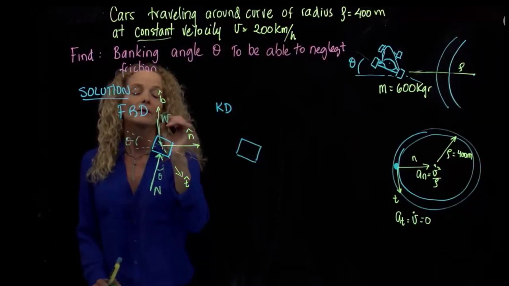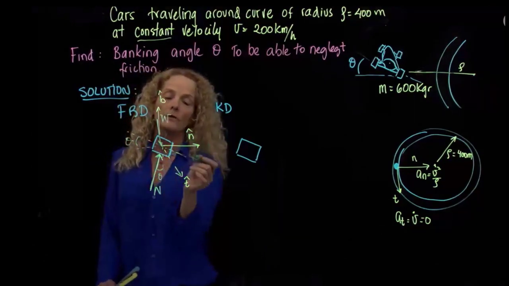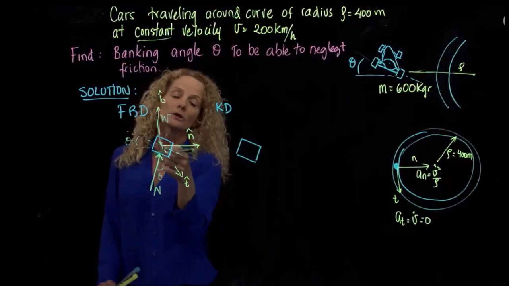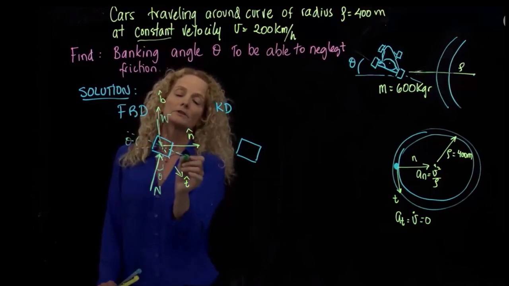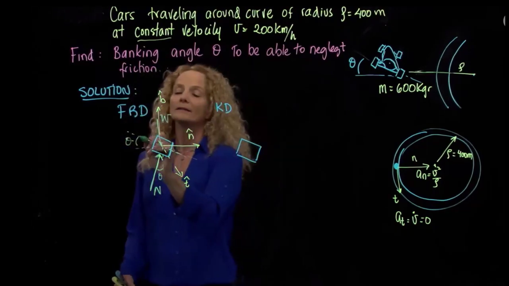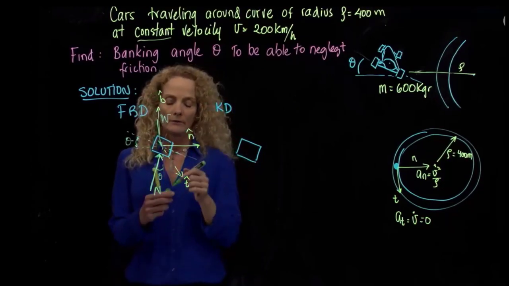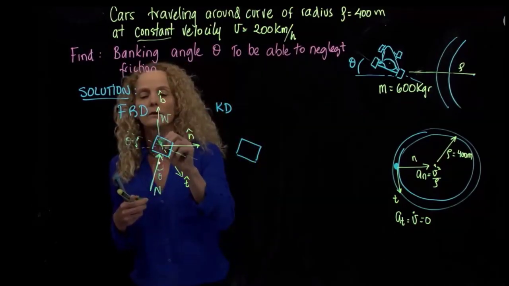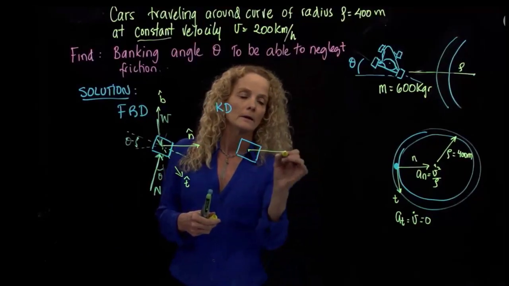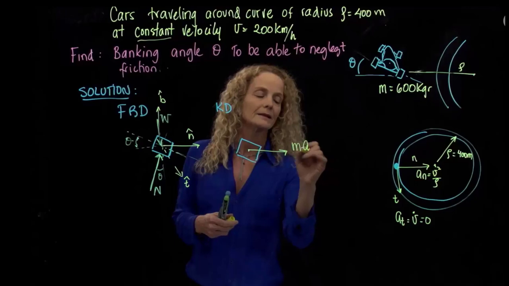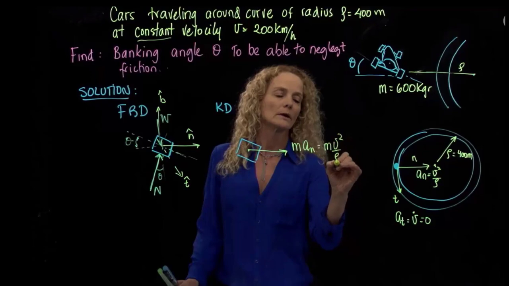Usually we would have to draw our friction force, which we don't actually know if the car is going down because of gravity or up because of the acceleration, but we don't need to draw the friction because that's what they are asking us: what is this angle so that we don't have to take friction into consideration. So we have these two forces in our free body diagram, and then we have only normal acceleration. So our kinetic term is mass times velocity squared over radius of curvature.